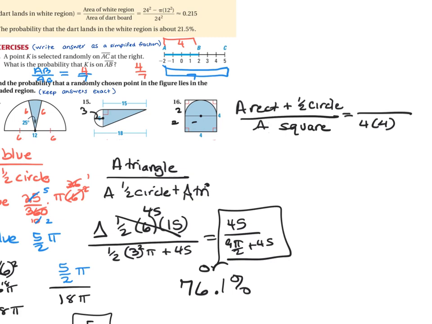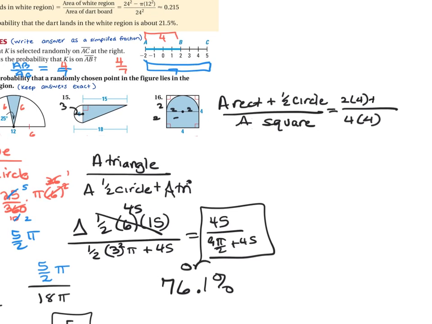This will be split. So 2 times 4 is the rectangle. And then the square has a diameter of 4, so 2 and 2. So the radius is 2. So we're going to do plus 1/2 pi r squared. To change that to a 4, take half of 4 and it's 2.